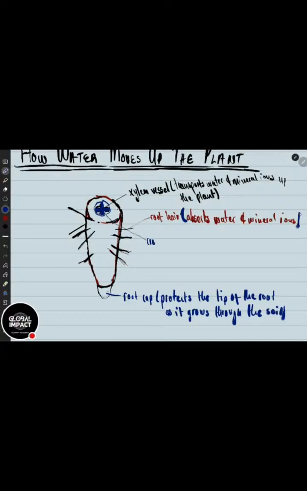So this is the cross-shaped area where xylem tissue is found. It's cross-shaped.